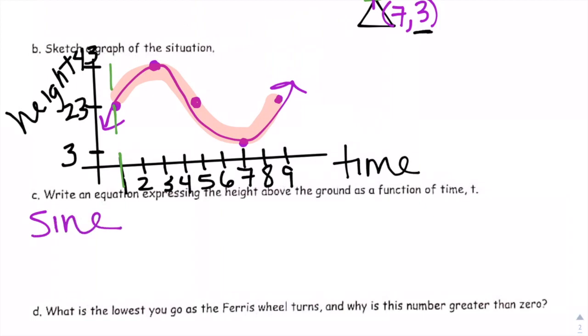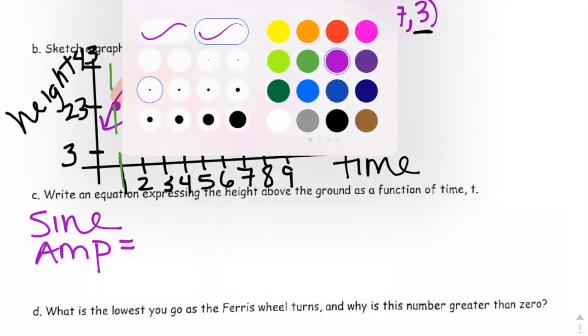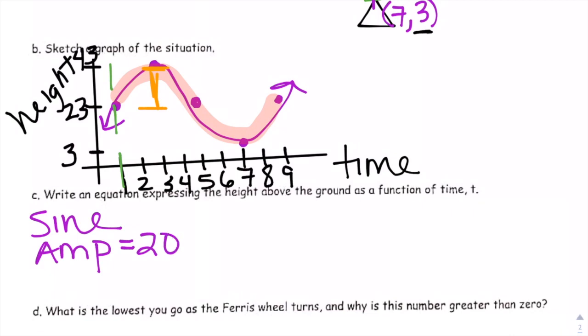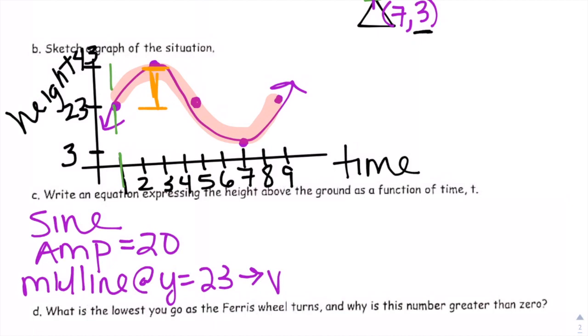So then we also want to note that our amplitude here is going from this midline up to the maximum, so it's 20. We have a midline at y equals 23, and so that tells us that our vertical shift is 23.